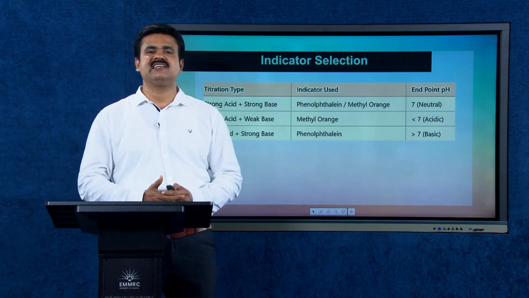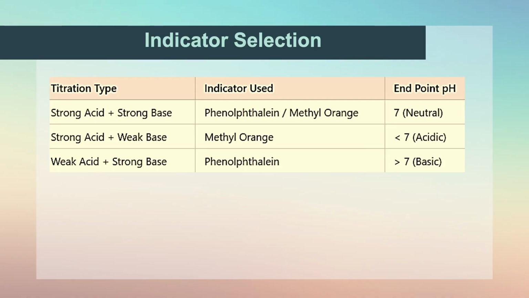Now, indicator selection. This is a chart that leads you to select the appropriate indicator. The first column represents the titration type, the second column represents the indicator that can be used, and the final column represents the pH range at the end point.